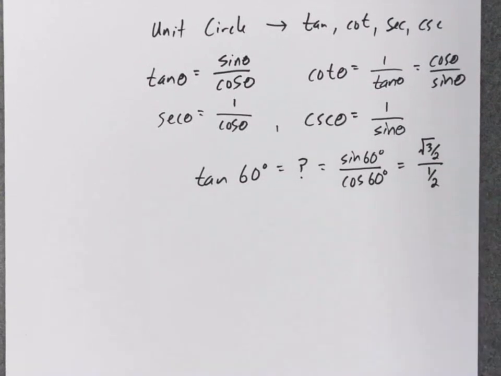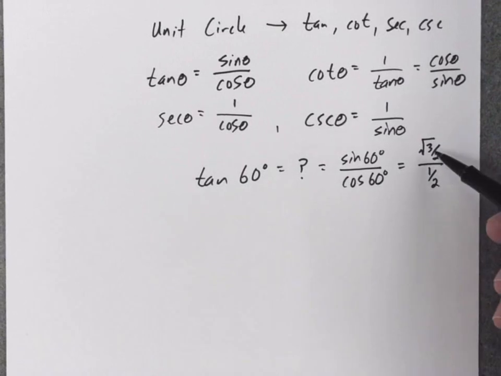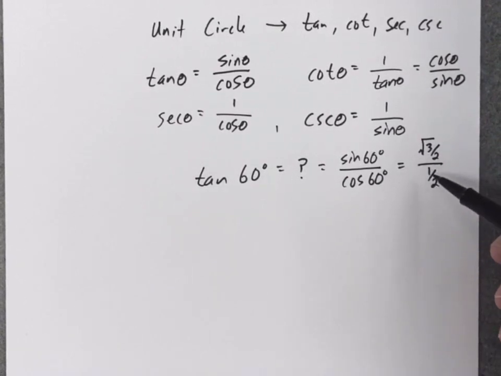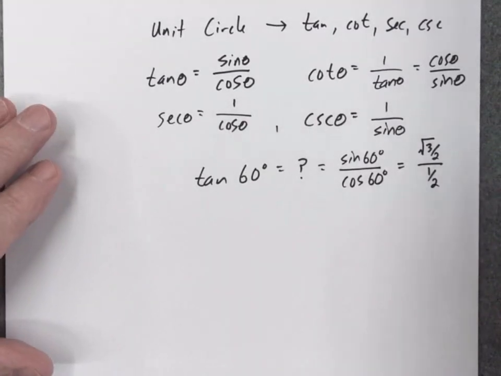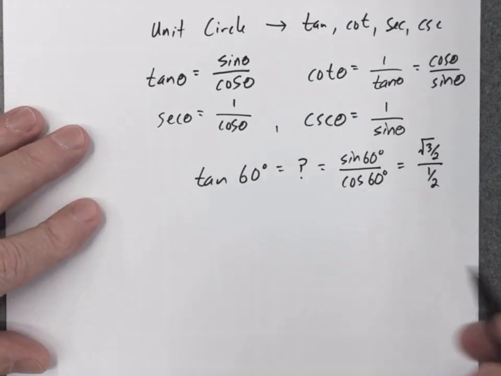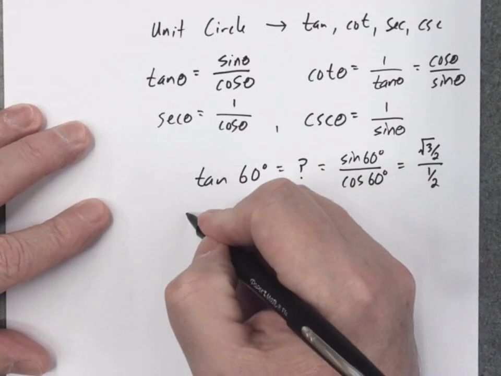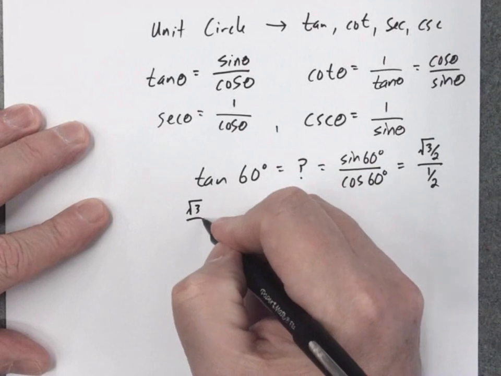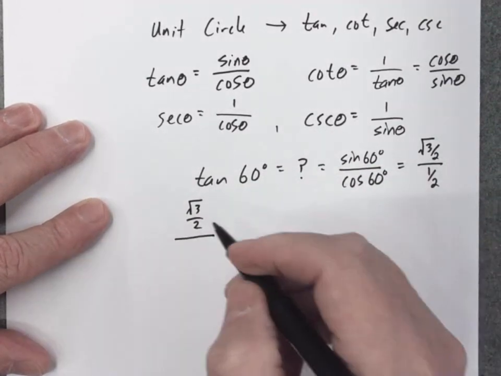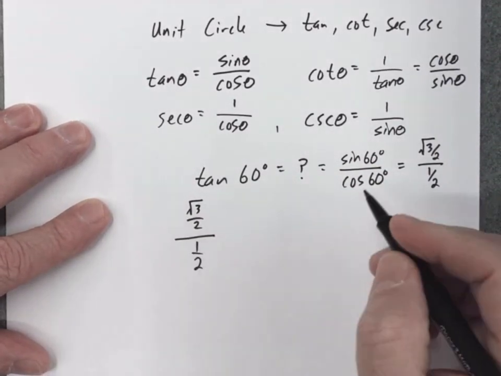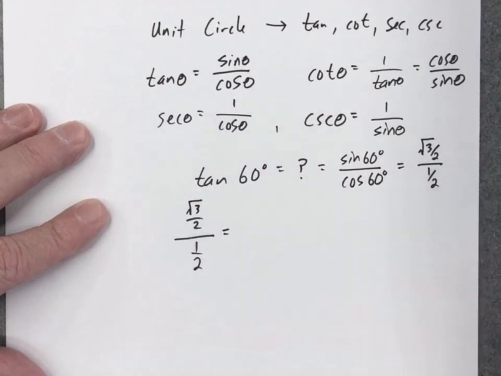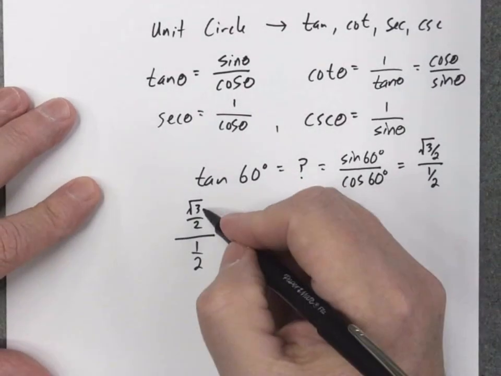Now this is actually a complex fraction. Some of you might already recognize how to reduce this and cancel it, and that's fine. Let me show you the way you probably learned in math to simplify complex fractions a while ago. If you have one fraction over one fraction and you're not sure how to reduce this, here's the easy way to do it.